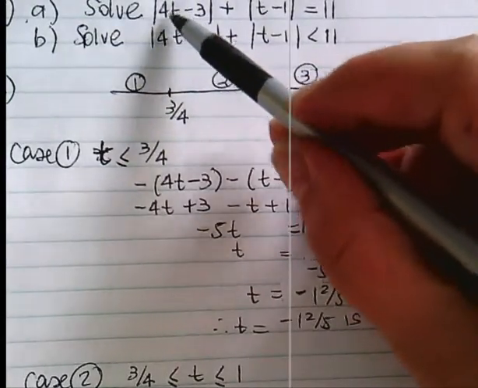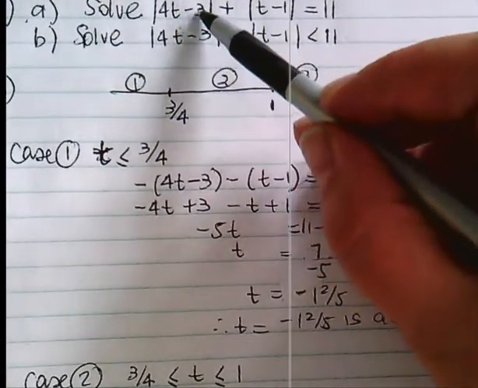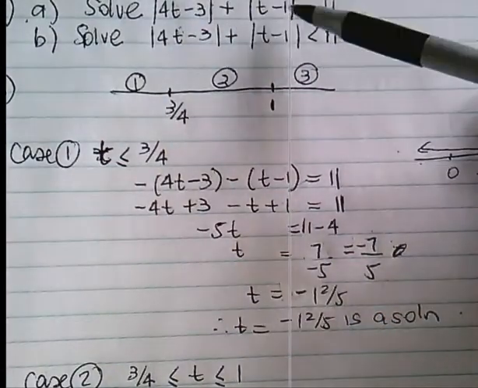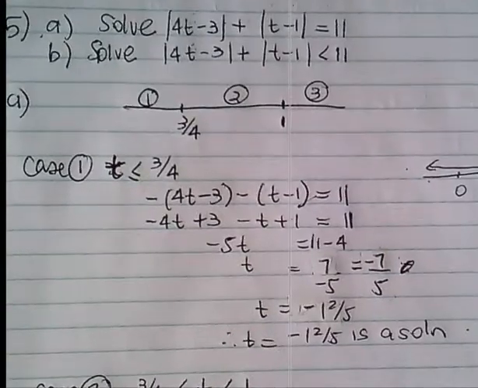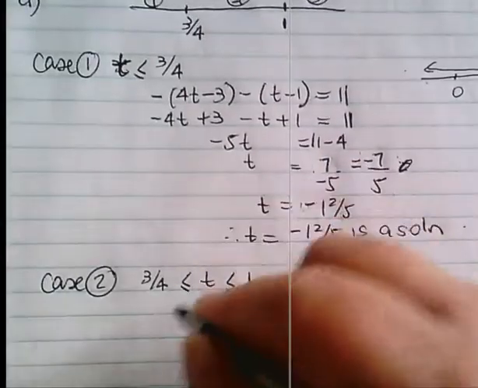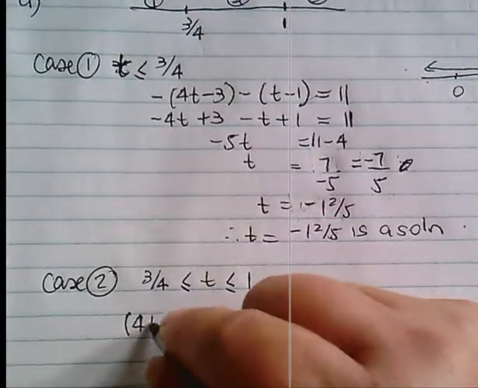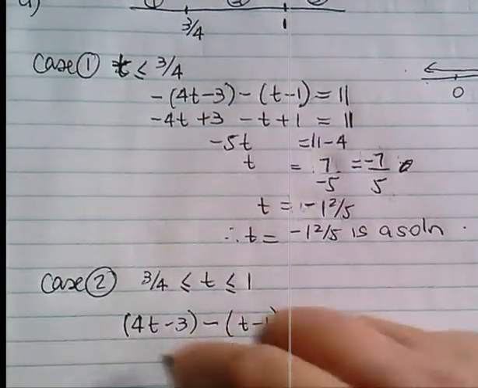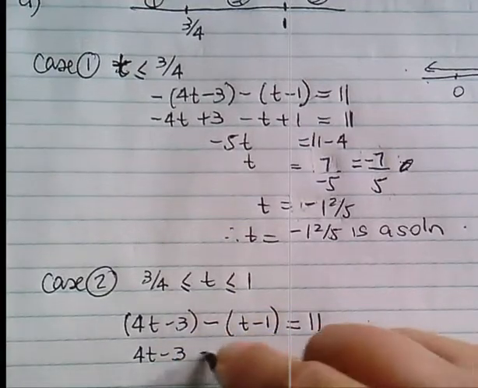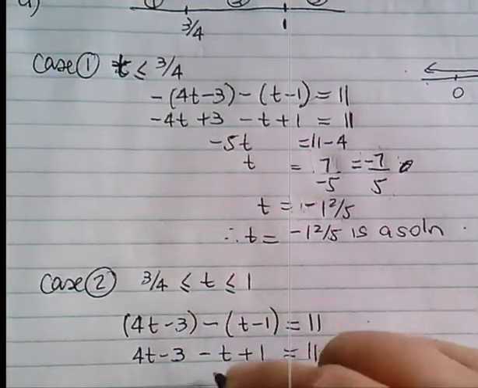What would happen? 7 over 2, that's 3.5. This would be positive. This would be negative. So I've got 4t minus 3 minus t minus 1 equals 11. So positive minus t plus 1 is 11.